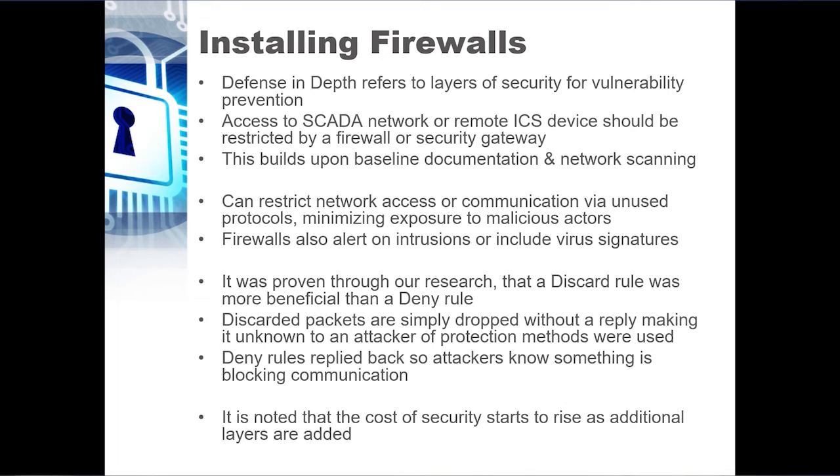Now you can restrict your network access or communication with these unused protocols if you can't change that within your devices in your network. You can then step back to this layer and in the firewall restrict access to those communications that may or may not be shut off in the device.